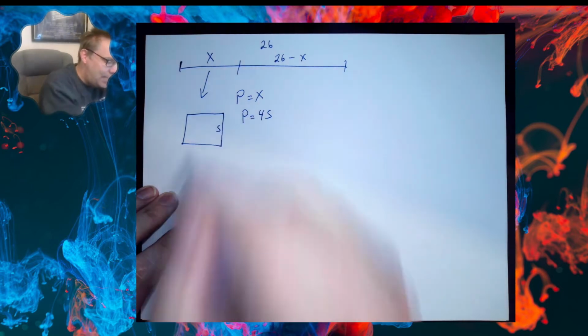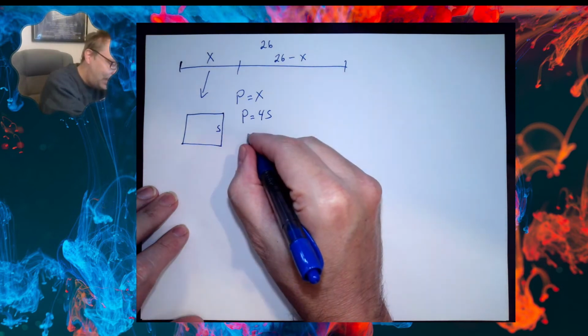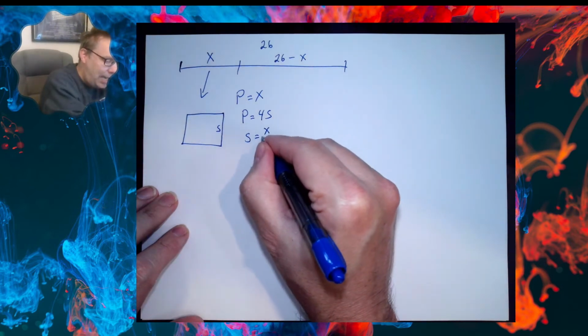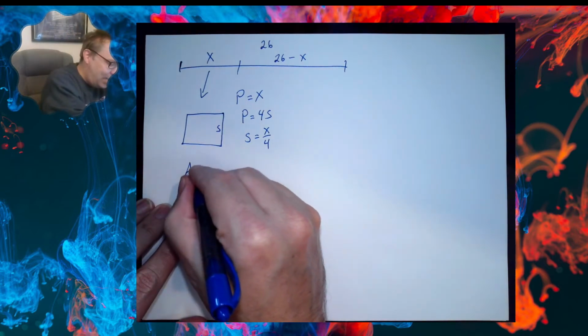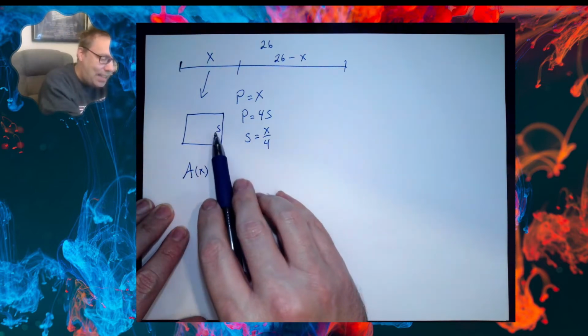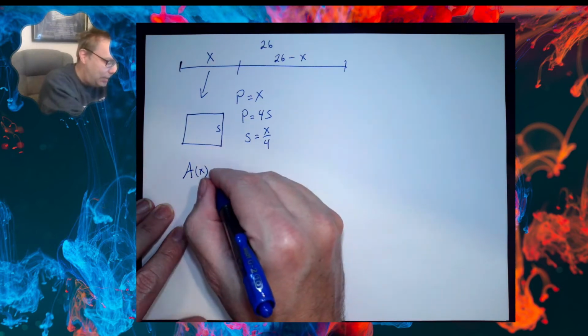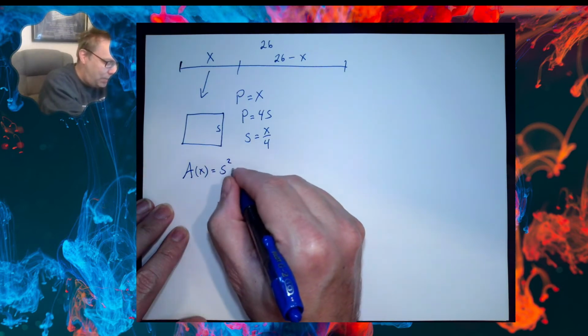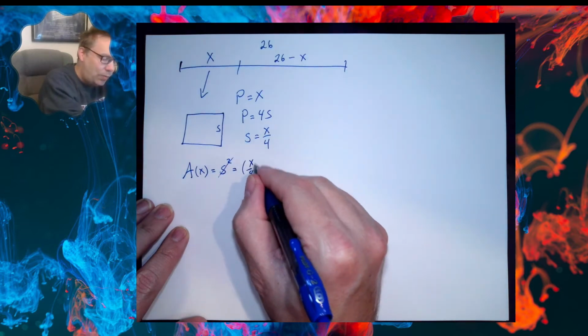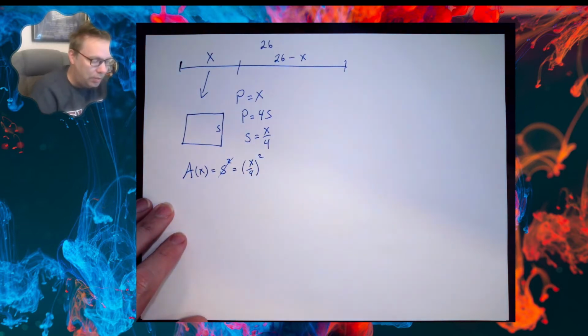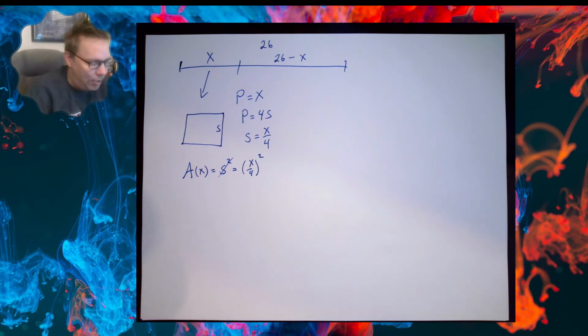So if this is the side length, s is equal to x over 4. So that means the area in terms of x for this particular square is s squared, but I really want it in terms of x, so that's (x/4) squared. So that's for the square.